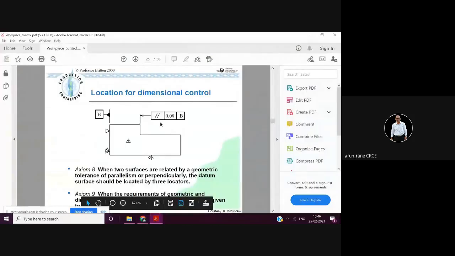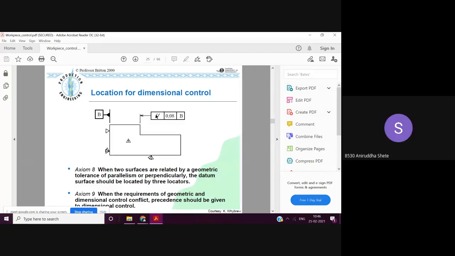It was on mute. So the meaning of this symbol, can anybody tell me these two lines? Anyone? Sir, can't recall. Okay, so the meaning of this is that this surface should be parallel to surface B. This is the symbol of parallelism. So this surface should be parallel to this surface within 0.08 millimeter, of course.